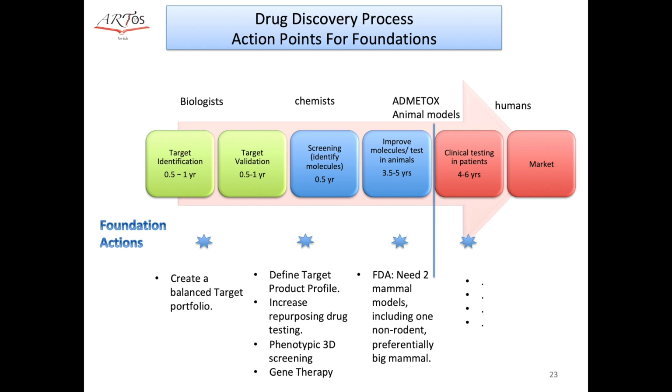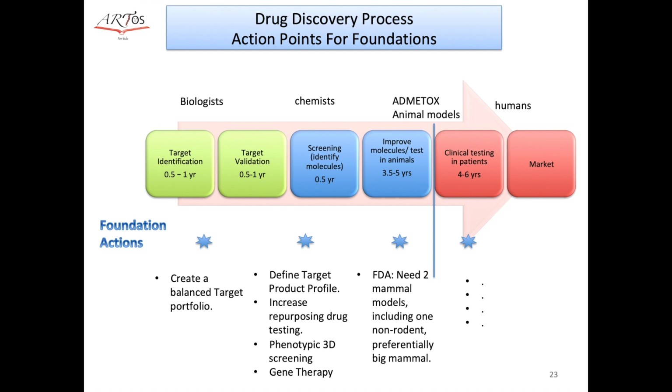We went over the main types of therapies up to now. To summarize the action points foundations need to take in the preclinical part of their portfolio, I took back the target-based process as reference. What we have seen along the flowchart is: create a balanced target portfolio, define the target product profile, which we didn't see, I will explain it shortly after, and take into consideration repurposing drug testing.